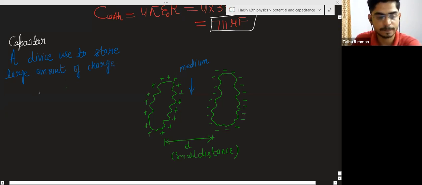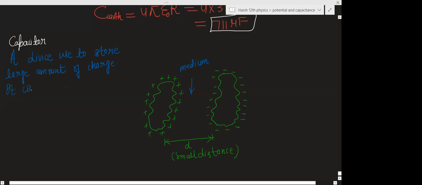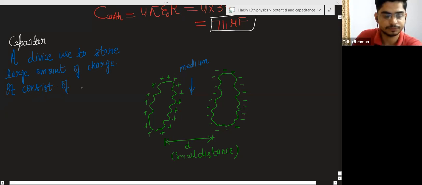Simply you can say it consists of two oppositely charged conductors separated by some medium.